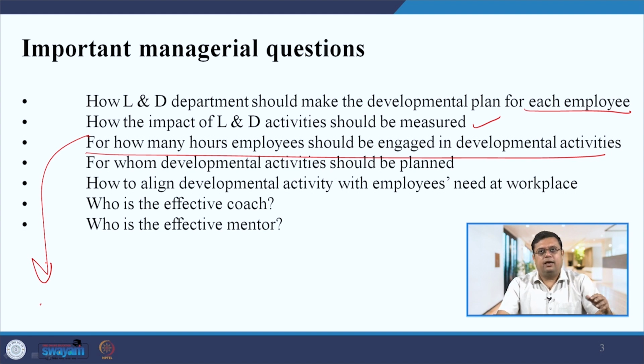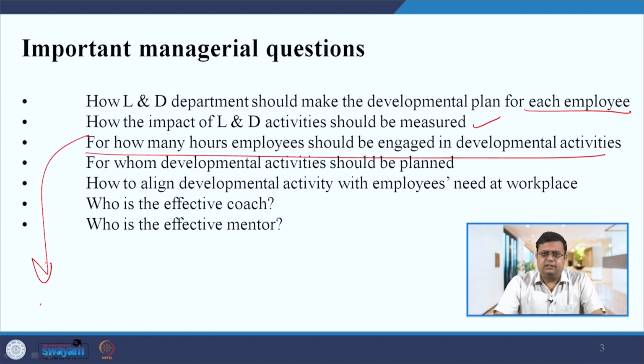So, if you engage the employee more in developmental activities, more in training activities, then the focus time may be impacted, right. In the same way, you may not be able to give the employee enough time to achieve the goal, and that will increase dissatisfaction in the employees. So, you may say that I am giving training, I am developing the employee, but still employees are dissatisfied, right.